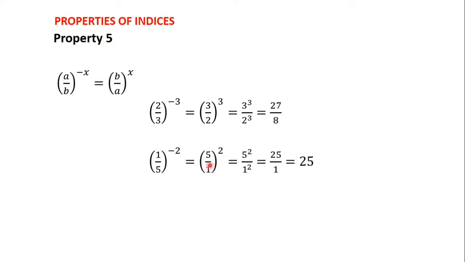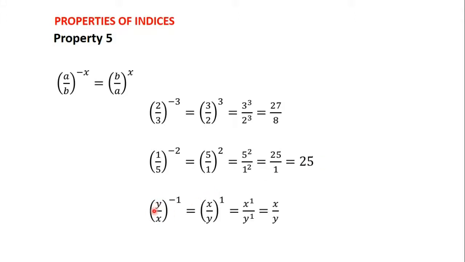So you reciprocate the fraction. Then you distribute the 2 to 5 and 1. So you have 5 exponent 2 divided by 1 exponent 2. This will give us 25 divided by 1, which will give us 25.